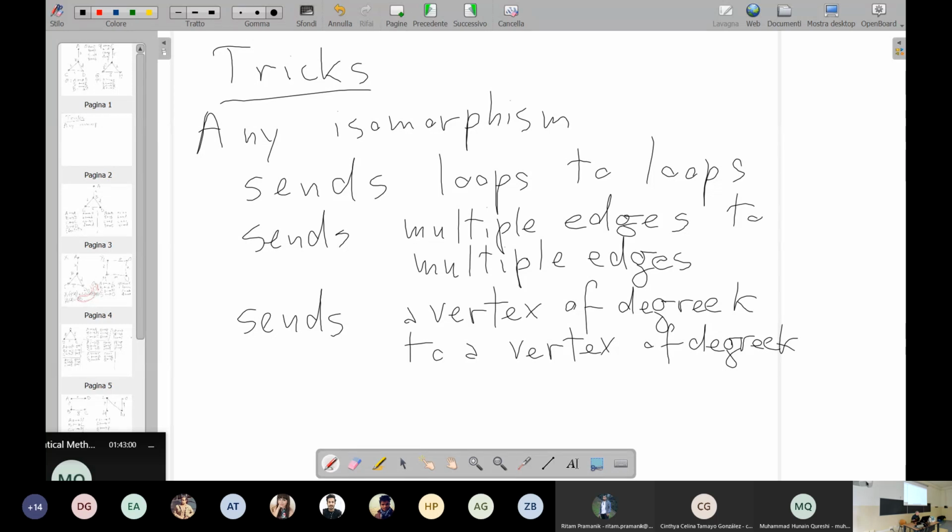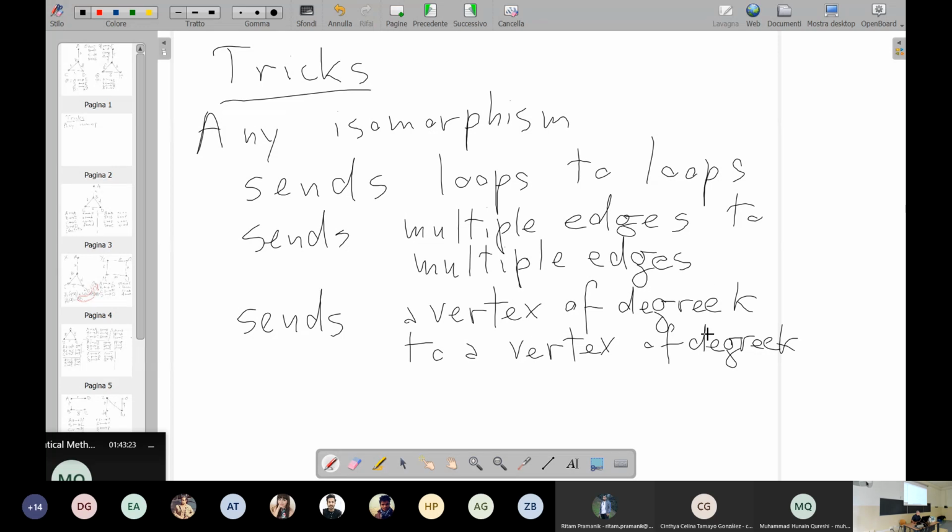So if something like this is violated, you are sure that what you are thinking of is not an isomorphism, okay? So if you have loops on one side, no loops on the other, they are surely non-isomorphic. If you have multiple edges on one side and no multiple edges on the other, they are not isomorphic.